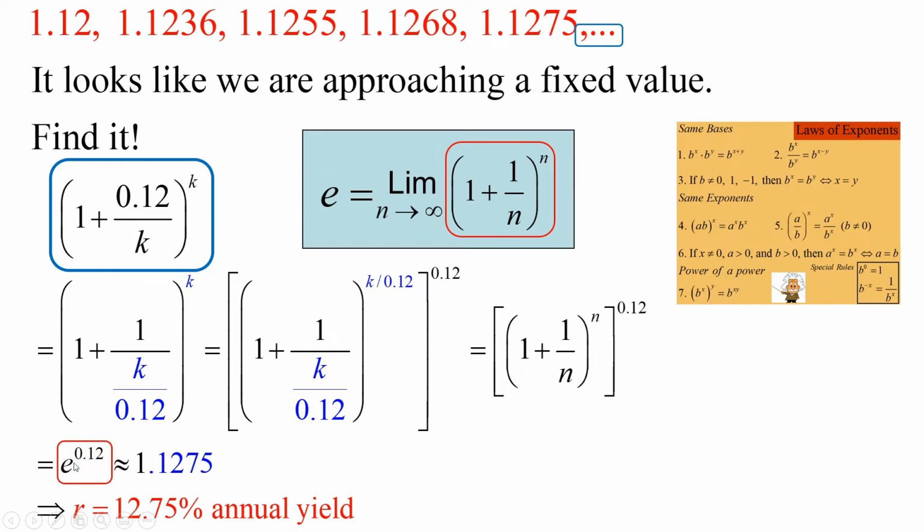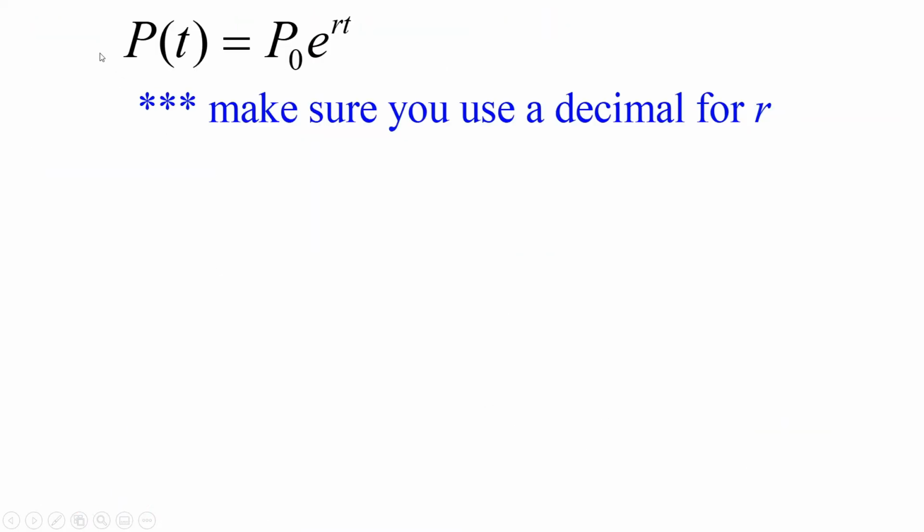So that e to the 0.12 is the same thing as e to the r power right there. And we're going to use this for our continuous change model. Okay, so this is it right here. Continuous change. So this is another exponential growth model we're going to add to our tool belt.